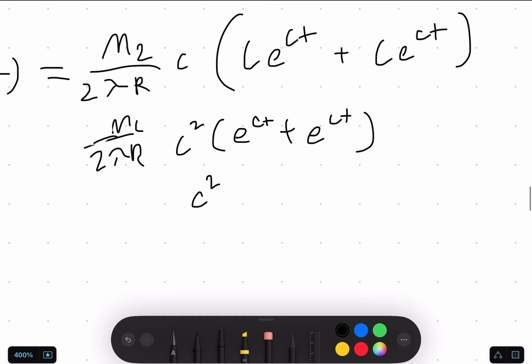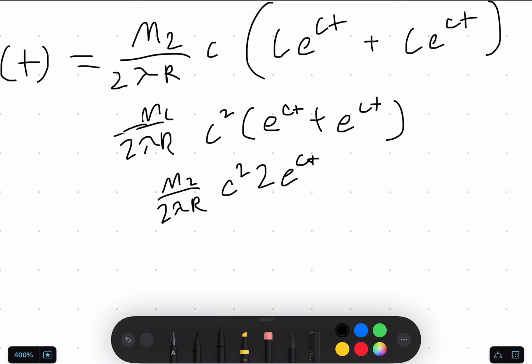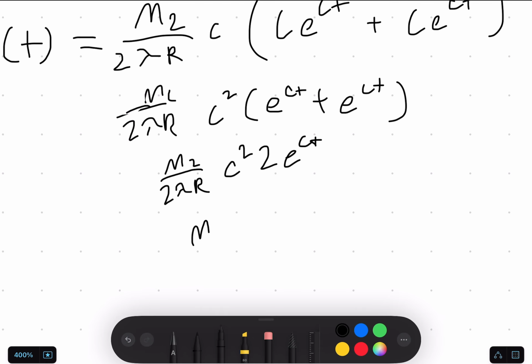So you get c squared times 2 e to the ct, and those 2's would cancel out, so we'd get mass 2 by radius c squared e to the ct.